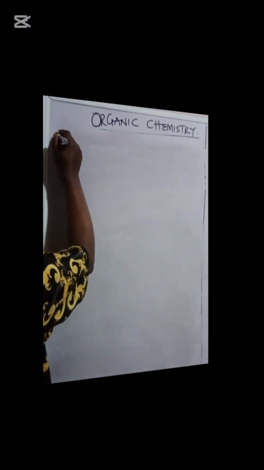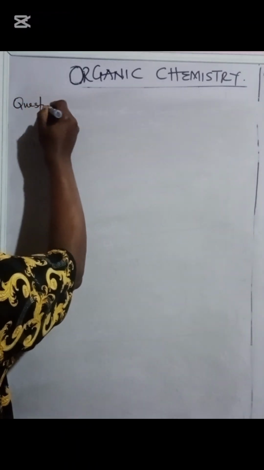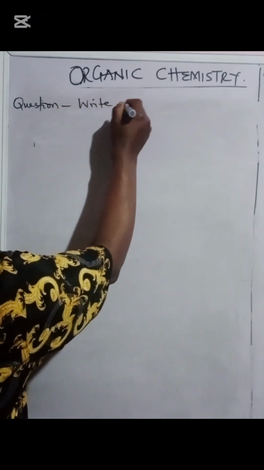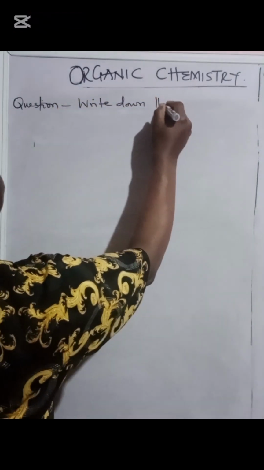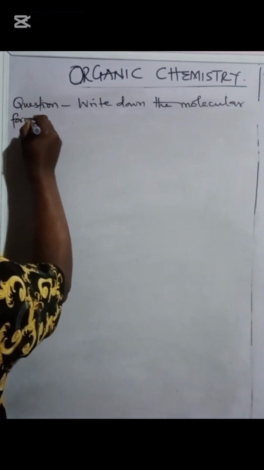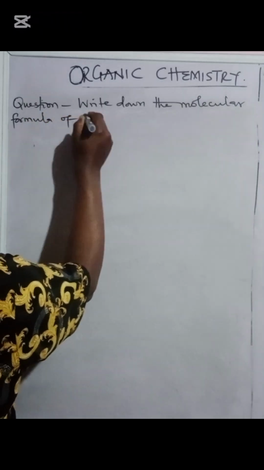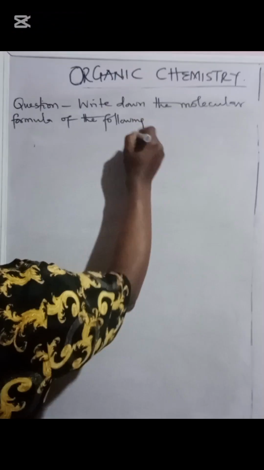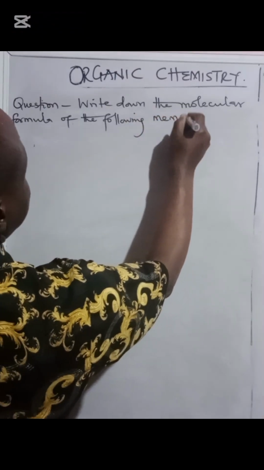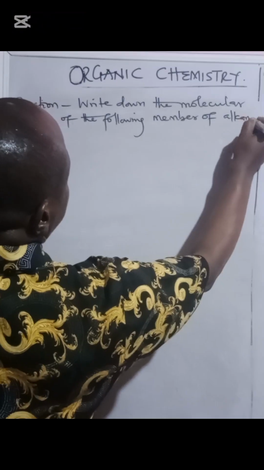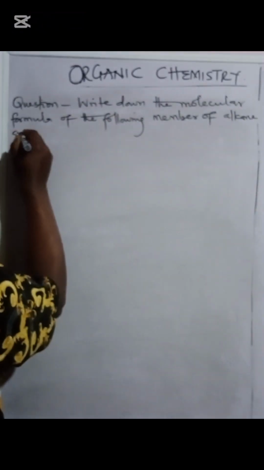Let's see a question. Write down the molecular formula of the following members of alkane group.